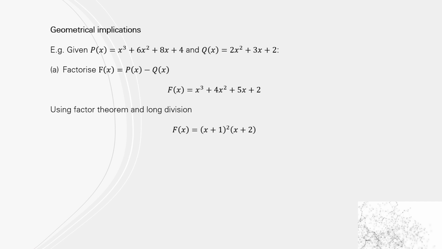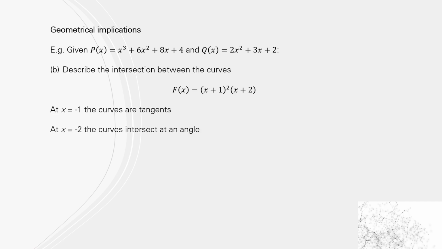Using the factor theorem and then long division, we get f of x equals x plus 1 squared and x plus 2. Describing the intersections. So since we've got an x plus 1 all squared, that means that at x equals minus 1, the curves are tangents, and our other bracket is x plus 2. So at x equals minus 2, the curves intersect at an angle.